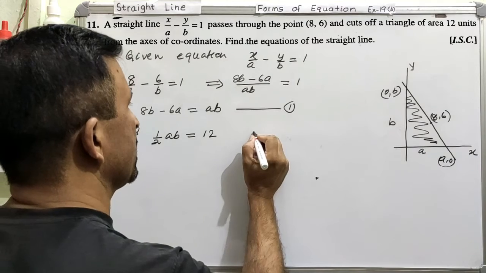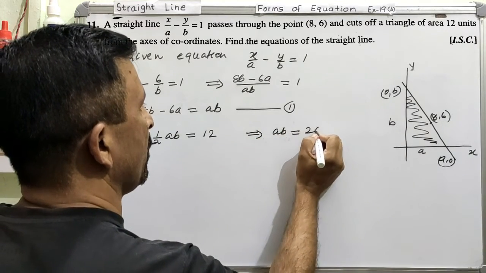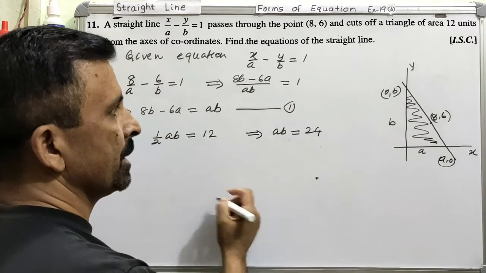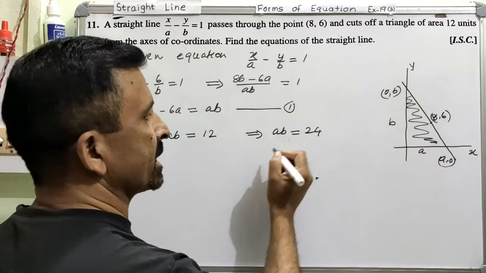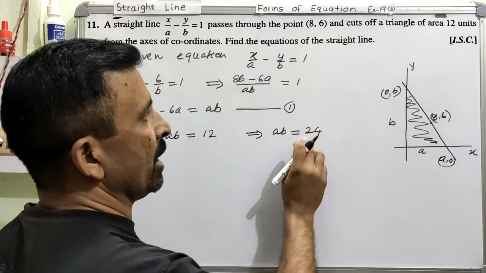So this implies ab is equal to 24, because we can do cross multiplication. So 2 into 12 is 24. Is this okay? And from here itself, we will try to find the value of a or b.